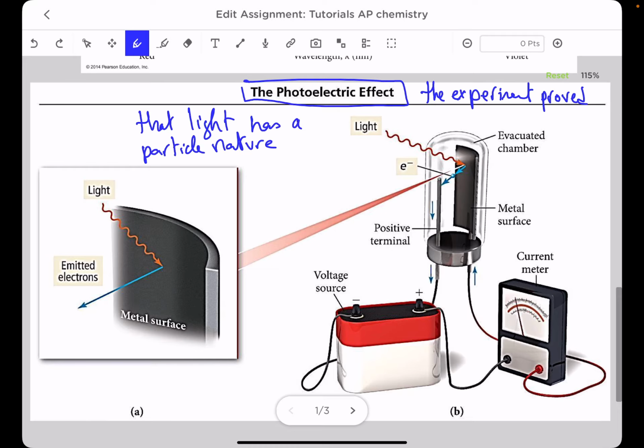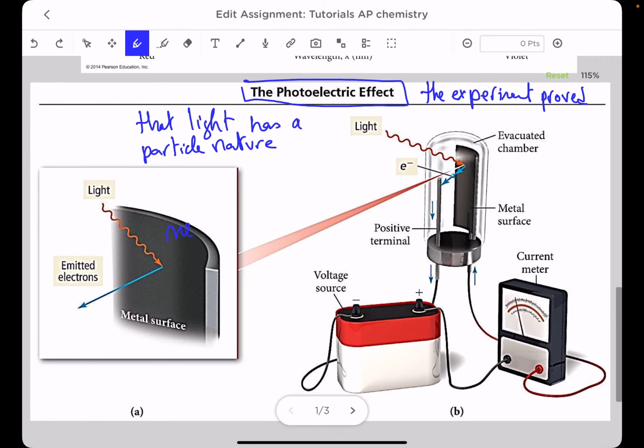Okay, let's understand this properly. Einstein is the scientist who explained the photoelectric effect. The photoelectric effect experiment was done years before Einstein came, but it was never explained in the proper way that Professor Albert Einstein did. So what did he explain?